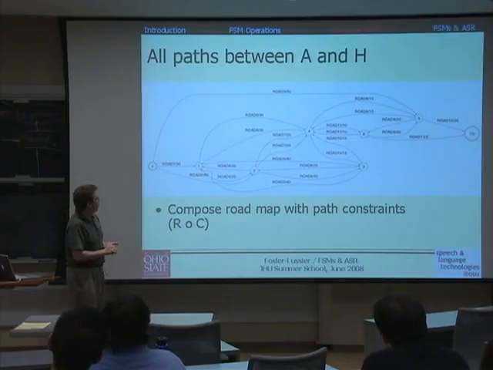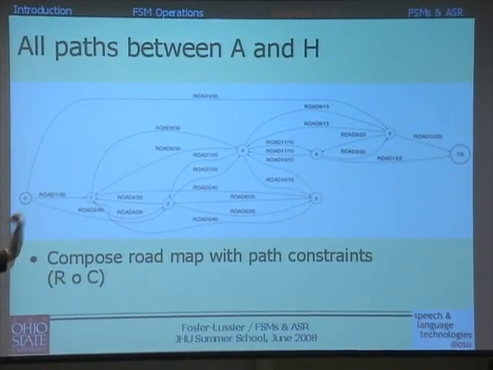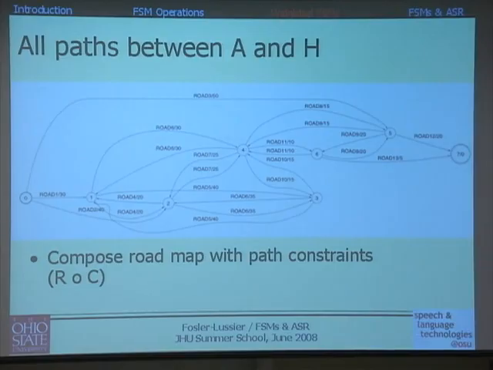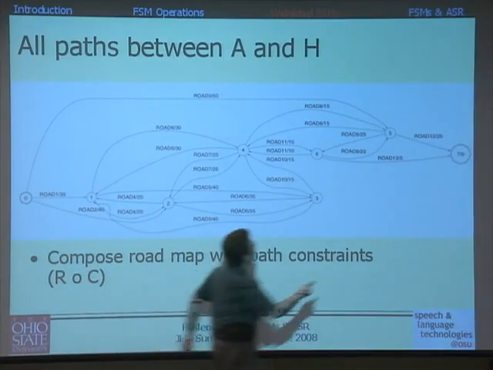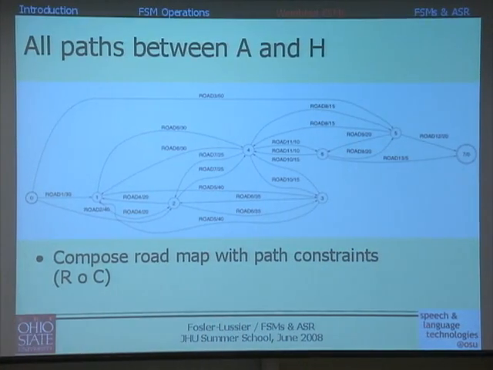Okay, so now I've got all of these paths, and you'll notice I have costs on these things. Now I've got a nice initial state, a nice final state, and all this road network in between. And now I'm going to find the shortest path.